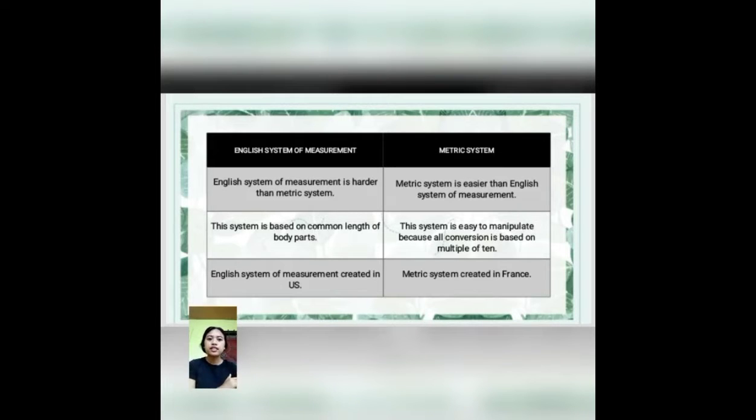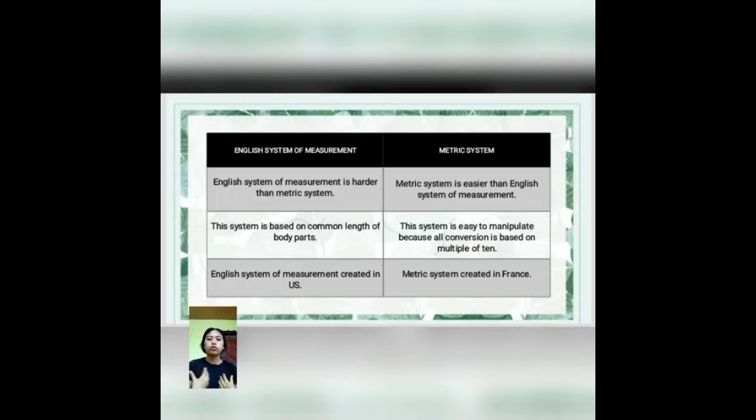So next is that this system is based on common length of body parts. So ang English system is magamit ni siya sa atong body part sa pag-measure sa atong body part, which is kanang 1 foot.